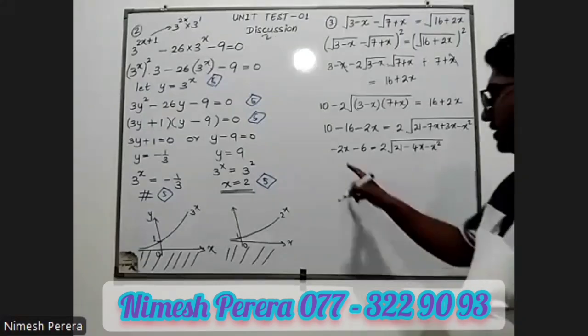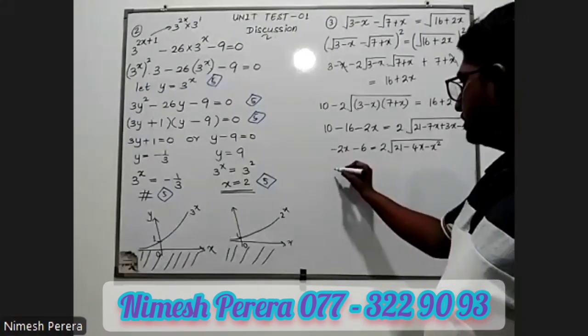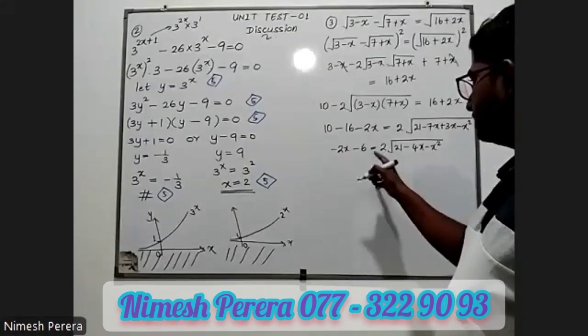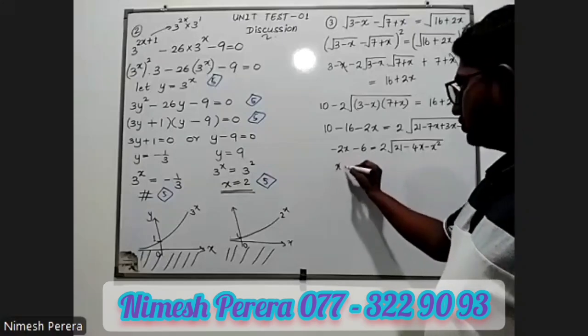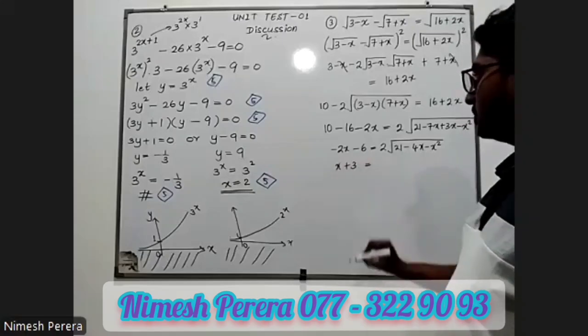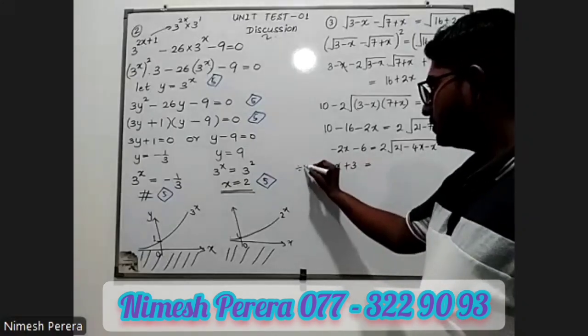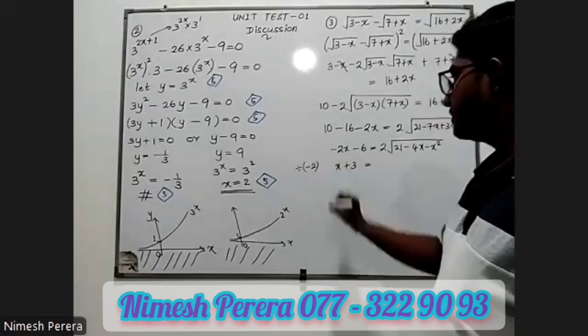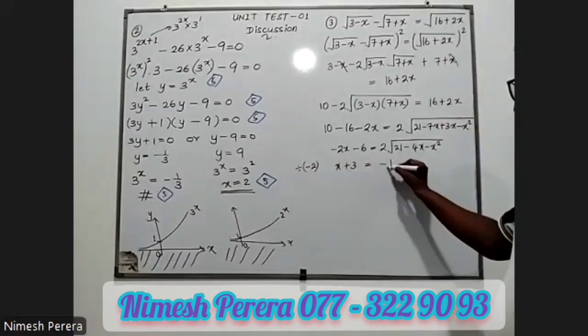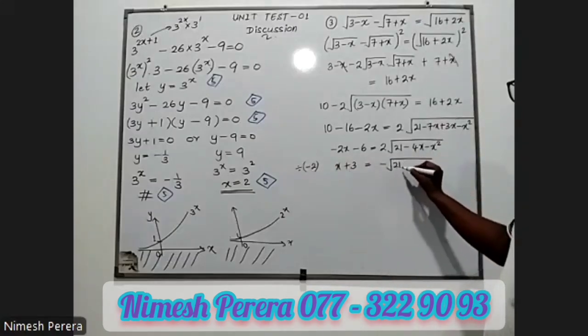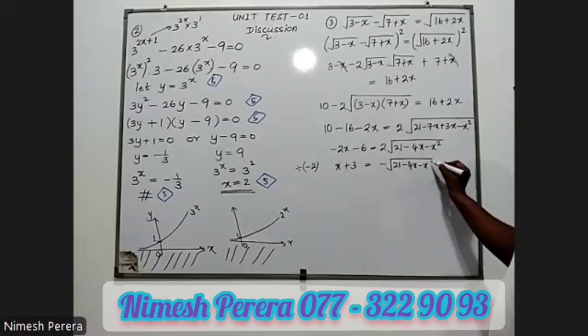Now I can cancel each and every term by 2. I'm going to divide the equation by minus 2. Dividing by minus 2, here minus the square root of 21 minus 4x minus x squared.